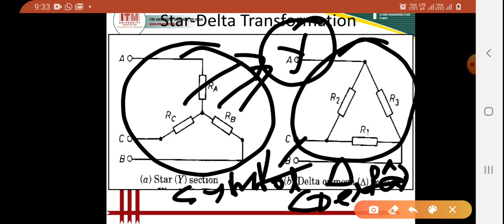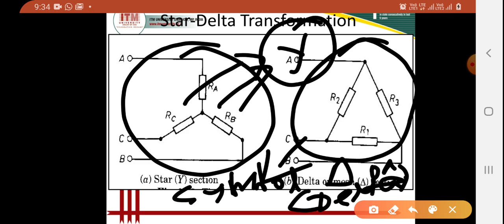If a three-phase three-wire supply or even a three-phase load is connected in one type of configuration, it can be easily transformed into an equivalent configuration of the other type by using star delta transformation or delta star transformation. So when it is star form, we are able to convert it into delta form.